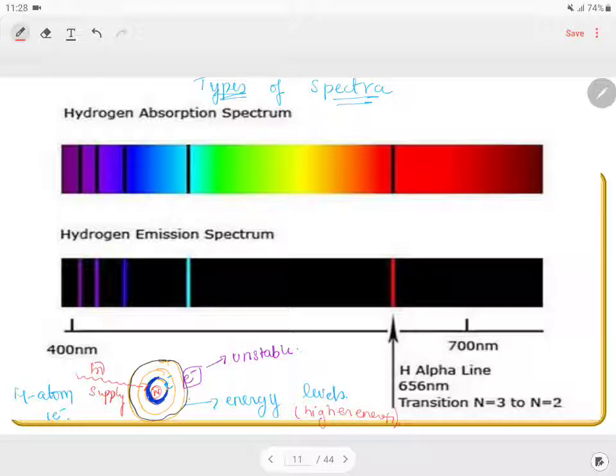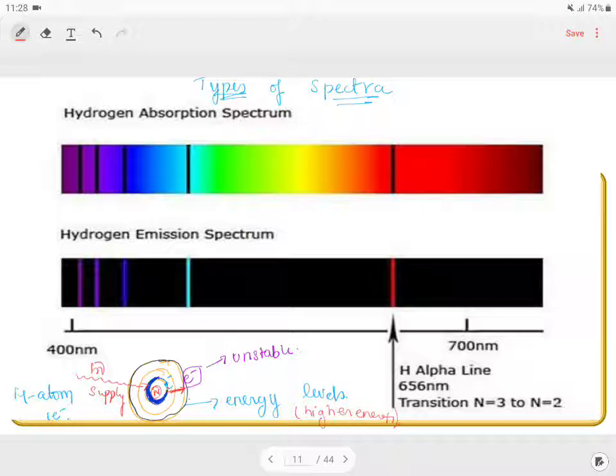One minute. I told you the electron gains energy, right? So when the electron shifts from here to here, it absorbs a certain amount of energy.